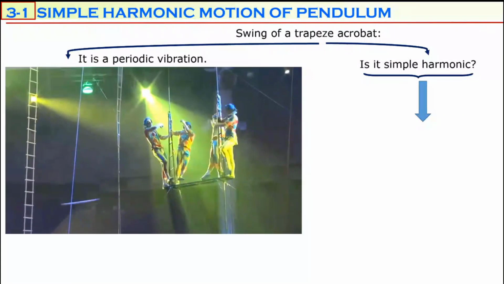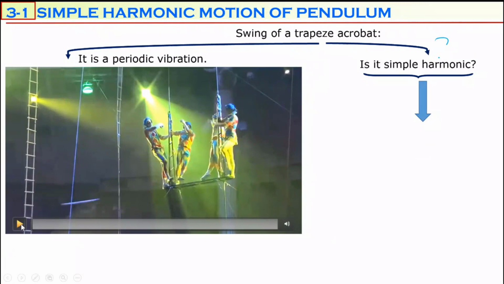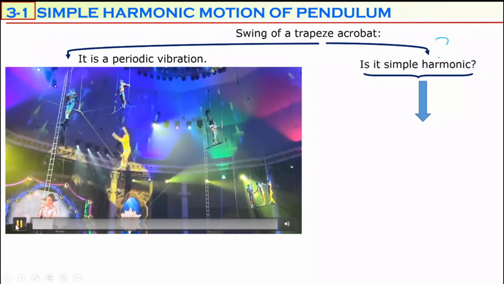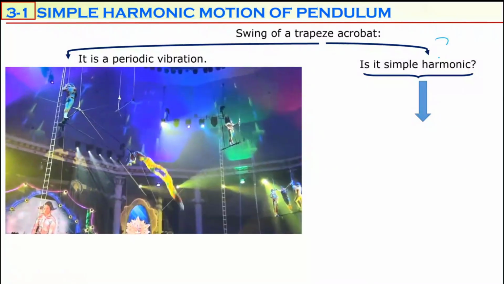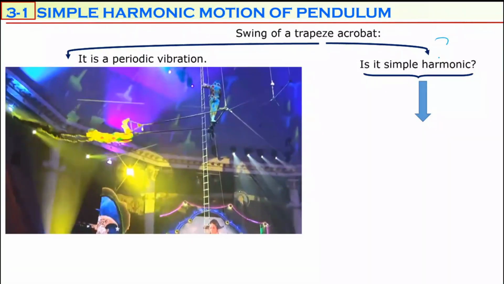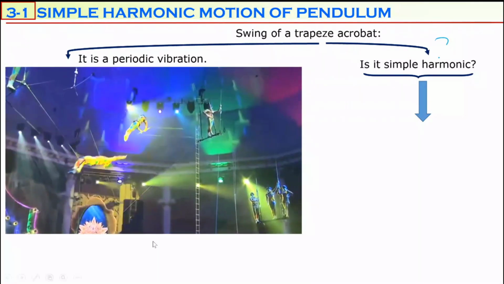Now we are going to try to answer this question. But let's remember first, what is simple harmonic motion? It's a periodic motion. However, that periodic motion must be provided by a restoring force. If a restoring force acts on the body of these trapeze acrobats, we can say that this periodic motion is a simple harmonic motion.